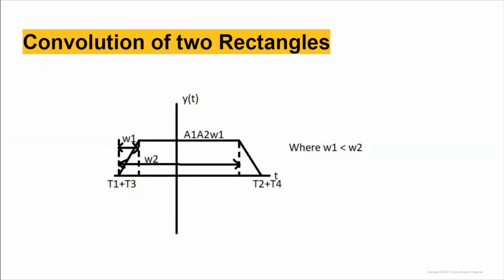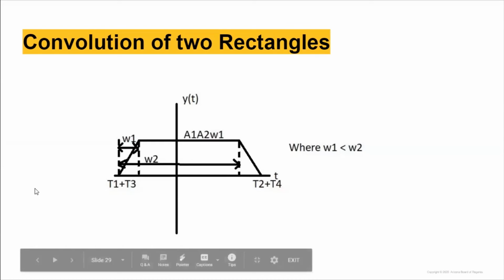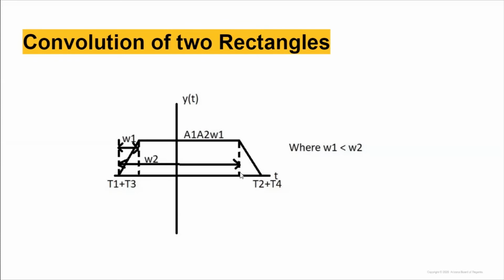You would do pretty much the same thing, but instead of forming this, I think, rhombus shape, it would form a triangle. The bottom of the triangle would be equal to 2 times the width of the rectangles, and from the beginning of the triangle to the peak would be the width of either of the rectangles.